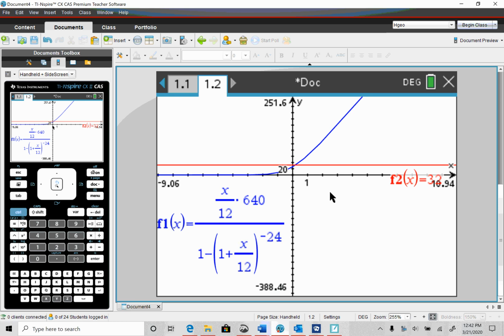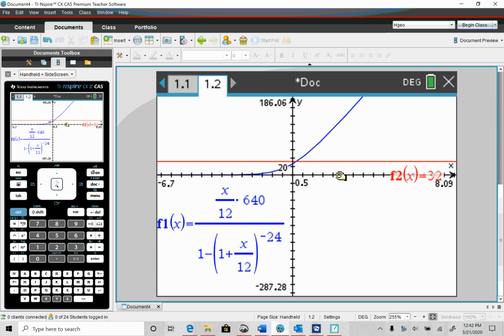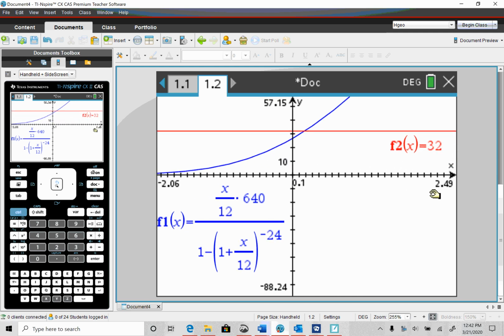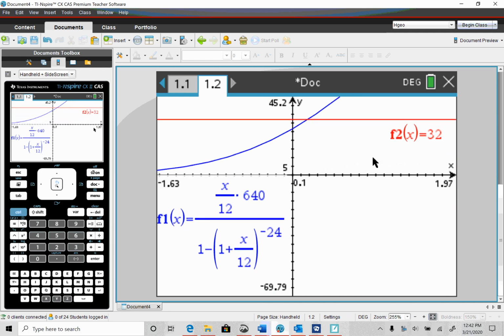Now, again, what are you expecting as far as the interest rate is concerned? I'm expecting something here that's a relatively small number. So you can mess around with the window as much as you need to, so that you can see where those two graphs, those two functions intersect.